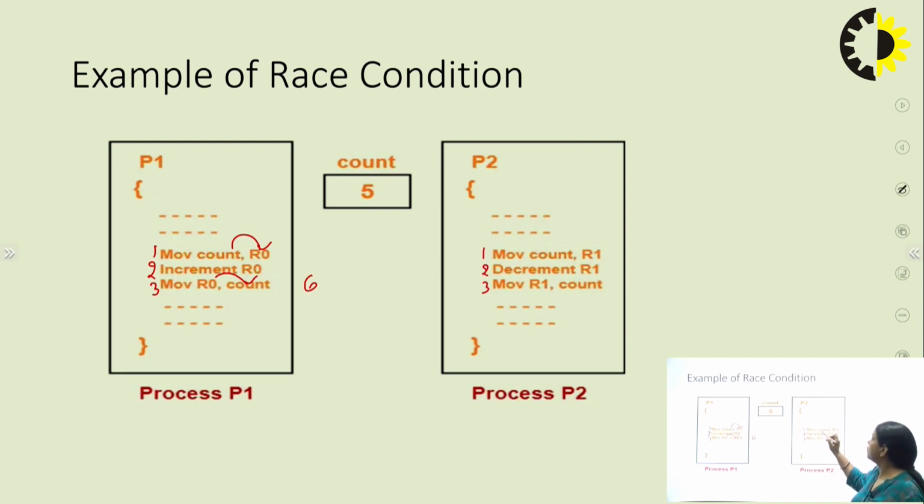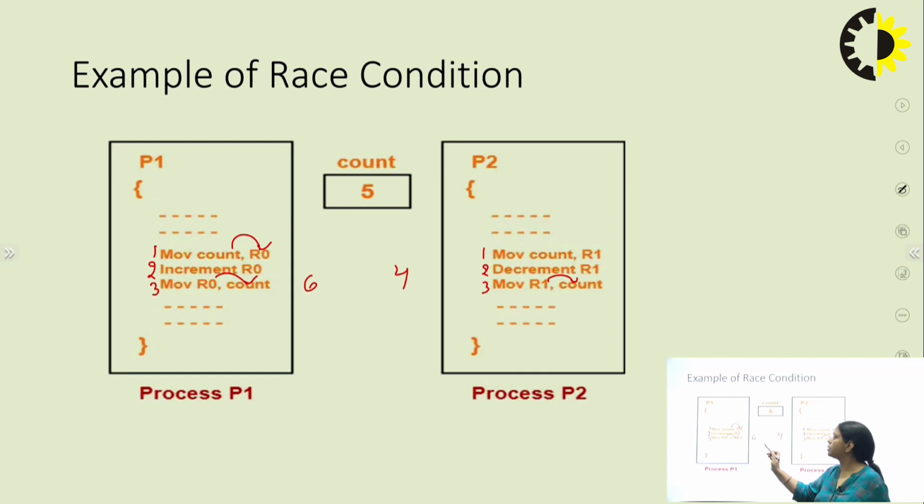Firstly, move count to R1. The value of count, which is 5 at this time, is transferred from count to R1. Now decrement R1, and move the value of R1 back to count. Now the value of count will be 4.